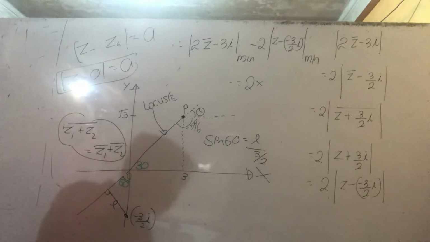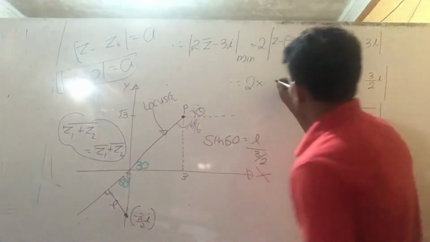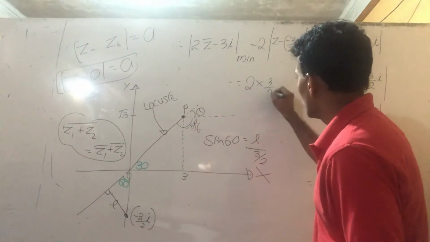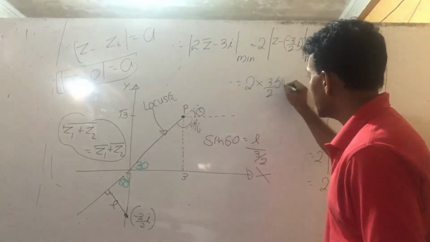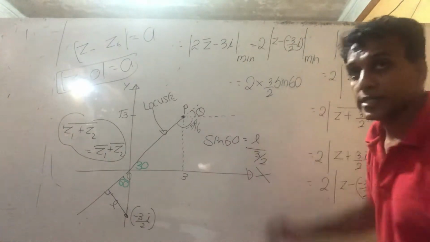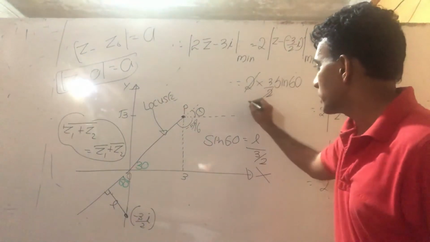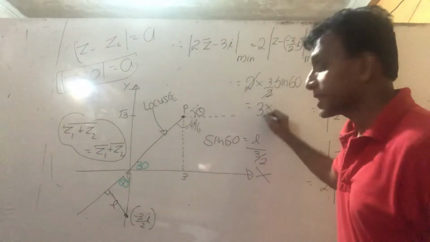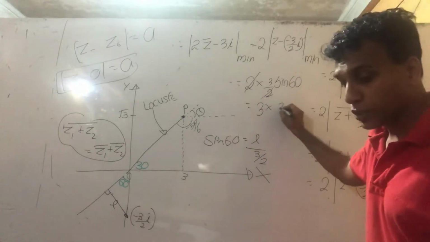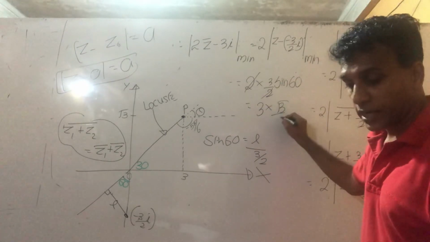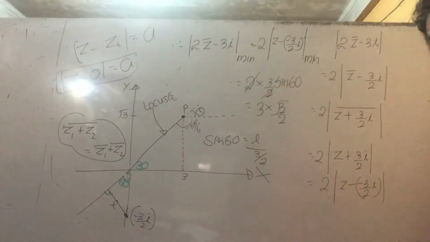Therefore, 3 over 2 sine 60 is the answer. Very important, there's a 2. So 2 cancel. 3 into sine 60, which is root 3 by 2.